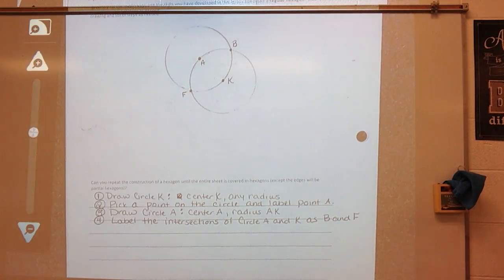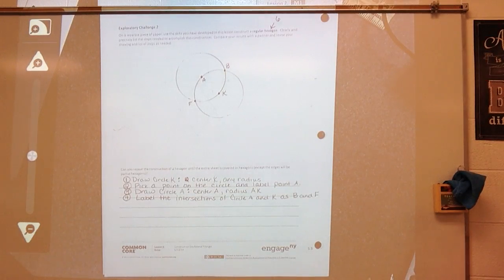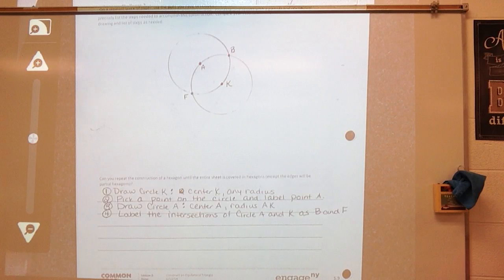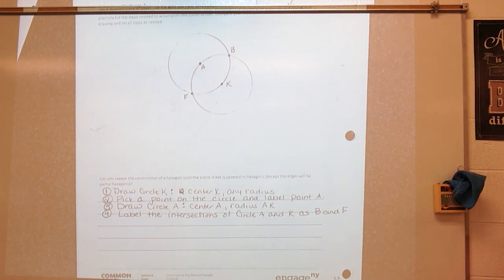See if I can back this out just a little bit. There we go. Don't want to back it out too much so you can still read. All right, so we've now labeled our intersections.